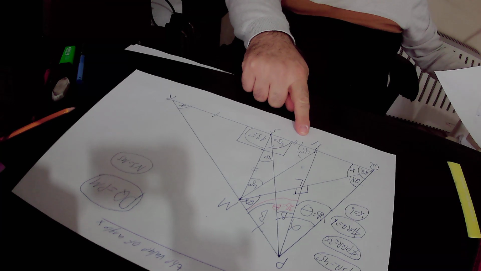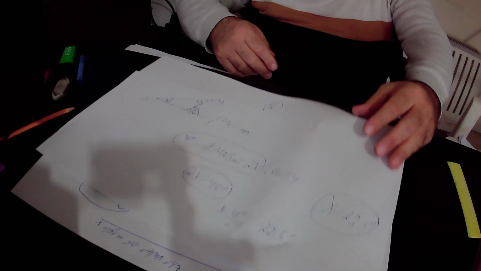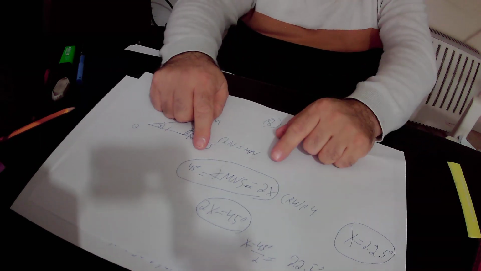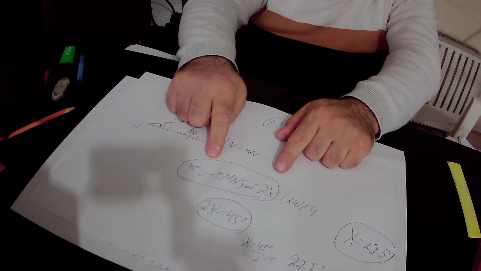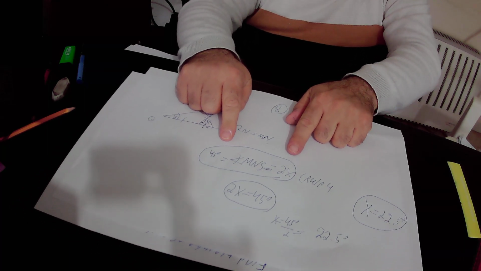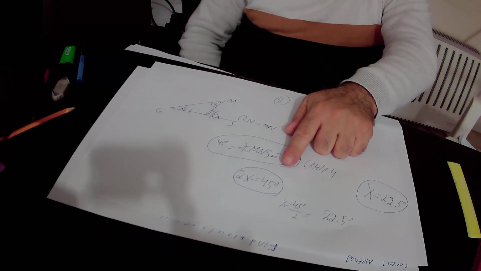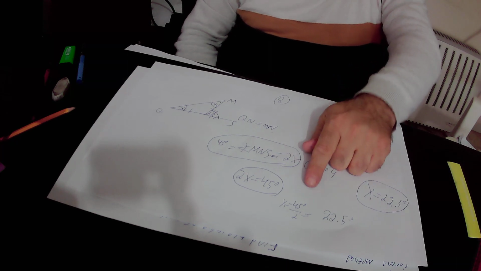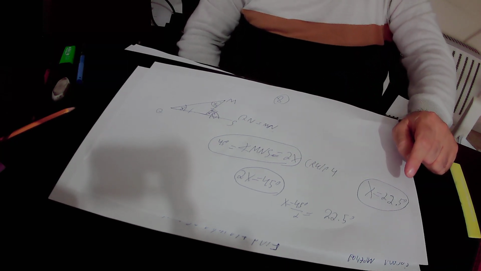So you can see from the drawing, angle MNS equals 45 degrees. So we have the equation that states that angle MNS equals 45 degrees, and it also equals 2x. So from this equation, we get that 2x equals 45 degrees. We divided this equation by 2 and we got that x equals 45 degrees over 2, that is to say x equals 22.5 degrees.